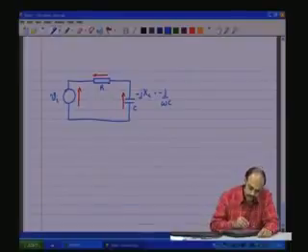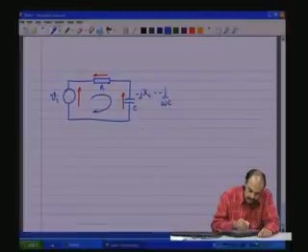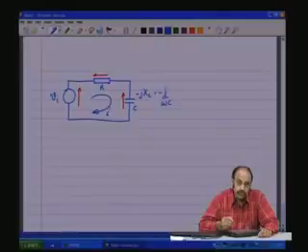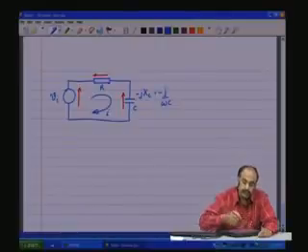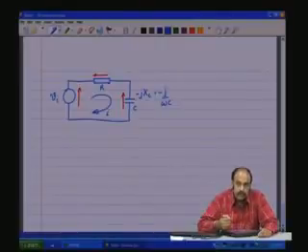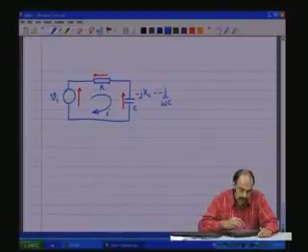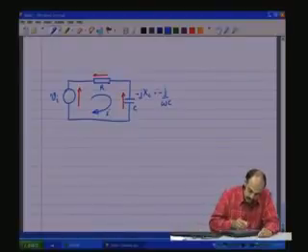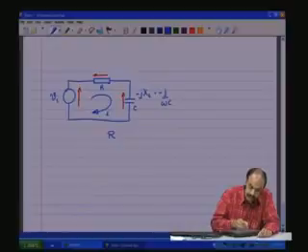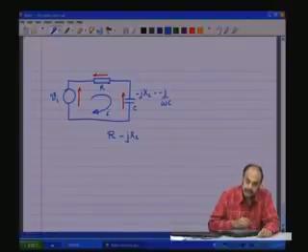Now, what will be the current which flows in this loop? It is nothing but the voltage divided by whatever comes in series. Now, R, what comes in series, all the impeding parts would be R minus jXC.